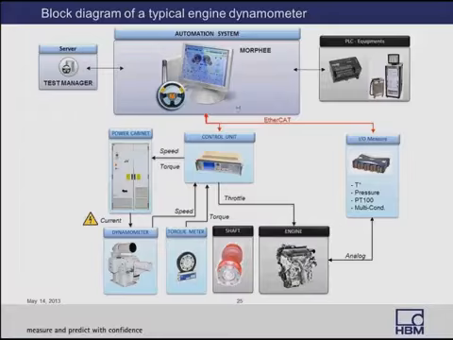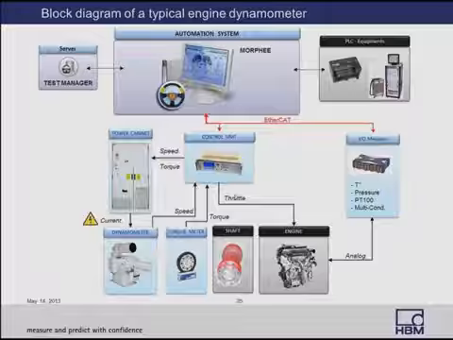On the other side, Morphy can also control the dyno, of course. So Morphy is going to control the speed and torque that you want the engine to perform. Through the Morphy system and the control unit, we're going to be able to send speed, torque, and also throttle values.